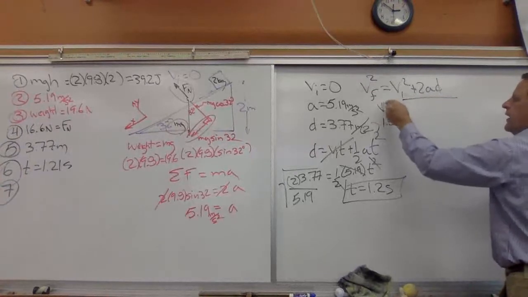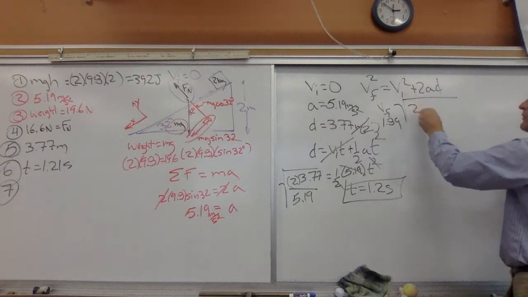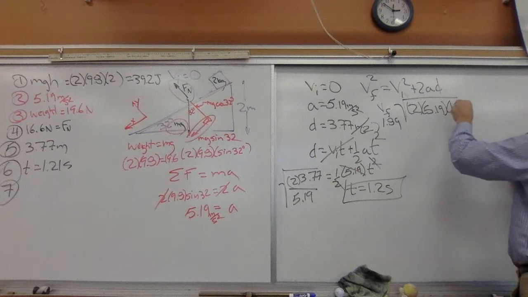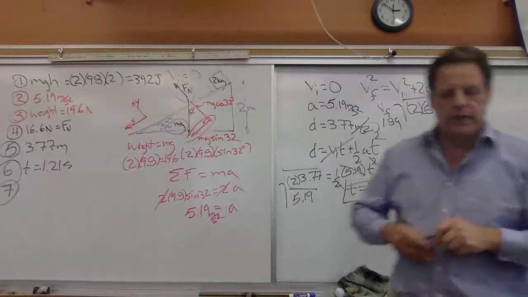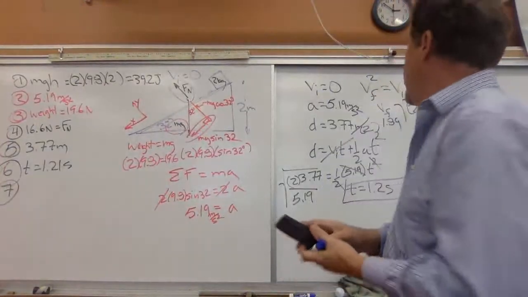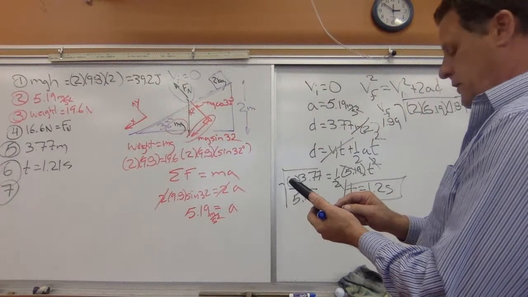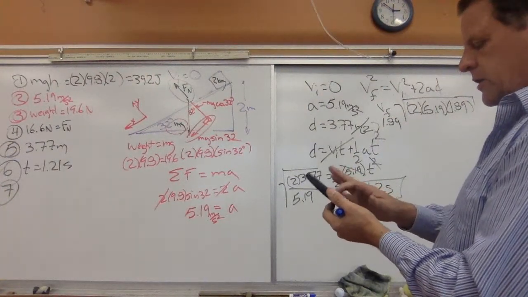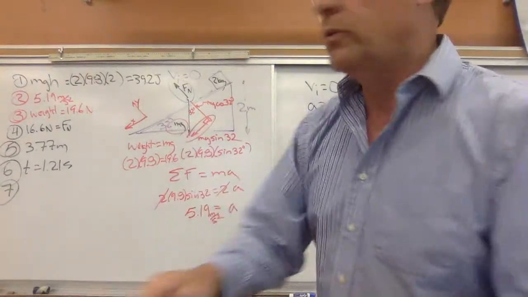We can solve for V final, and that's going to equal, with initial velocity 0, the square root of 2 times 5.19 times 1.89. We take the square root of that, and that's 4.42.